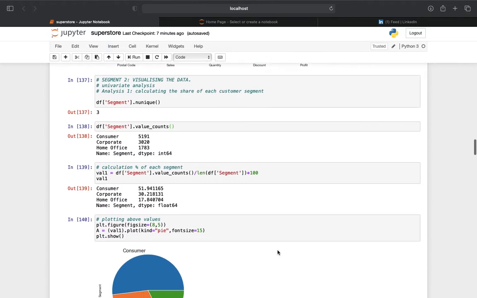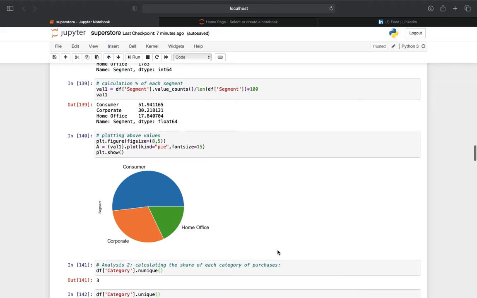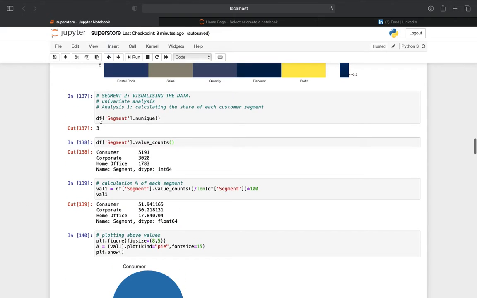Now, this is segment two, which is visualizing the data. I started off with univariate analysis, and I did three of them. One is of the segment header, the other one is for categories, and the last one is for subcategories. For the segment, we can see that there are three unique headers, and these are the value counts for it.